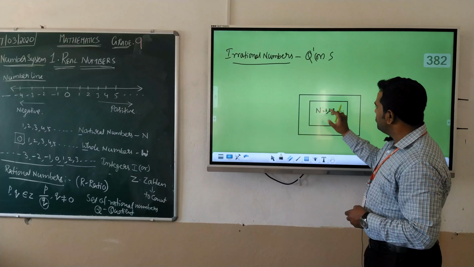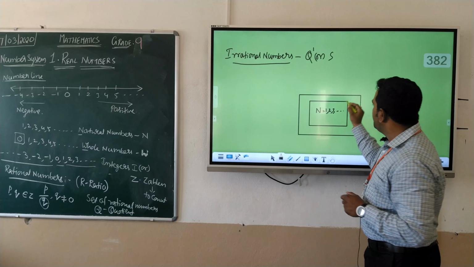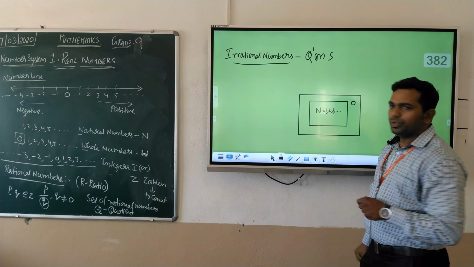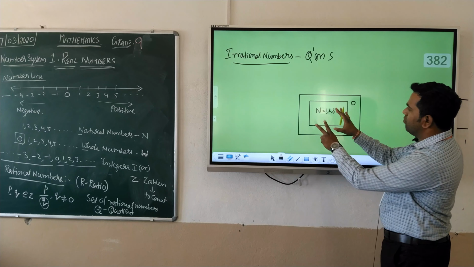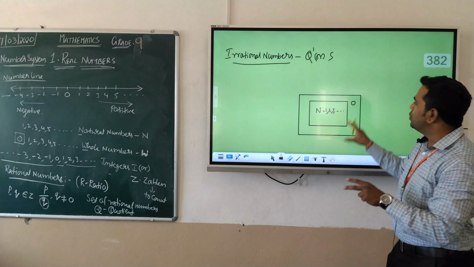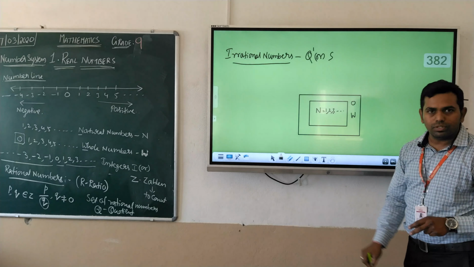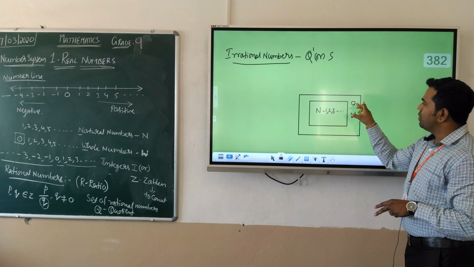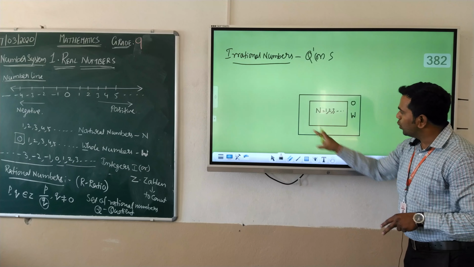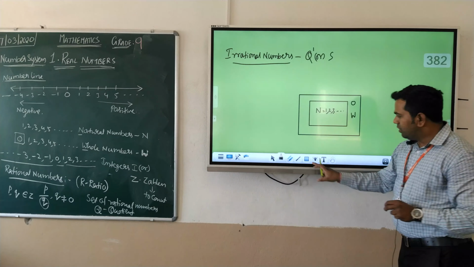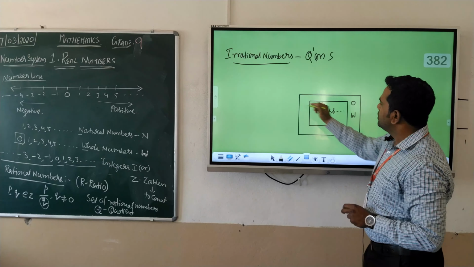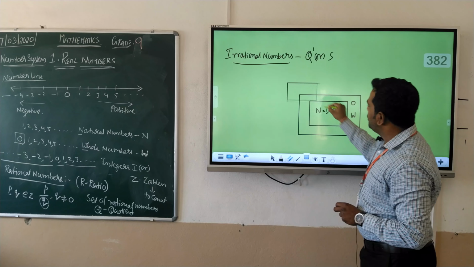To these natural numbers, I added 0. So the whole set becomes the natural numbers and 0, and we call it whole numbers. Along with the natural numbers, we have zero included, and the total set we call whole numbers.